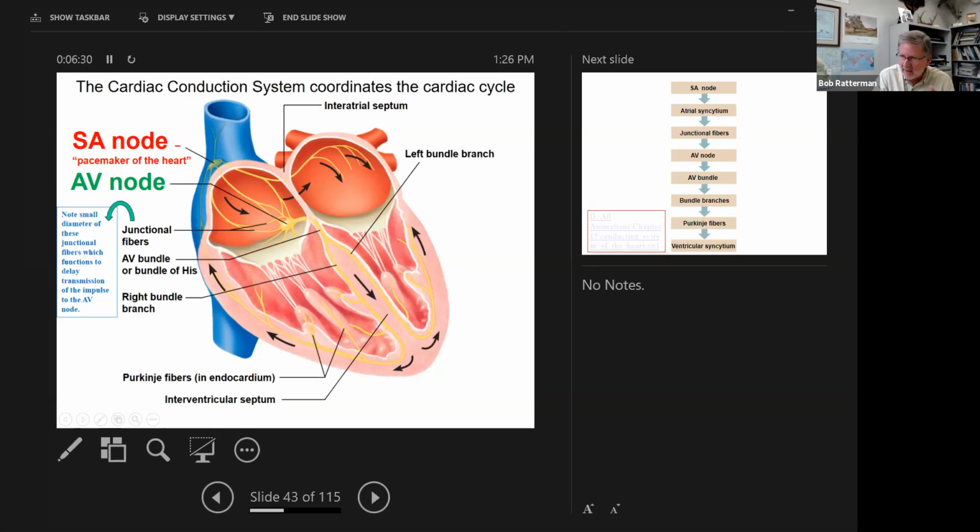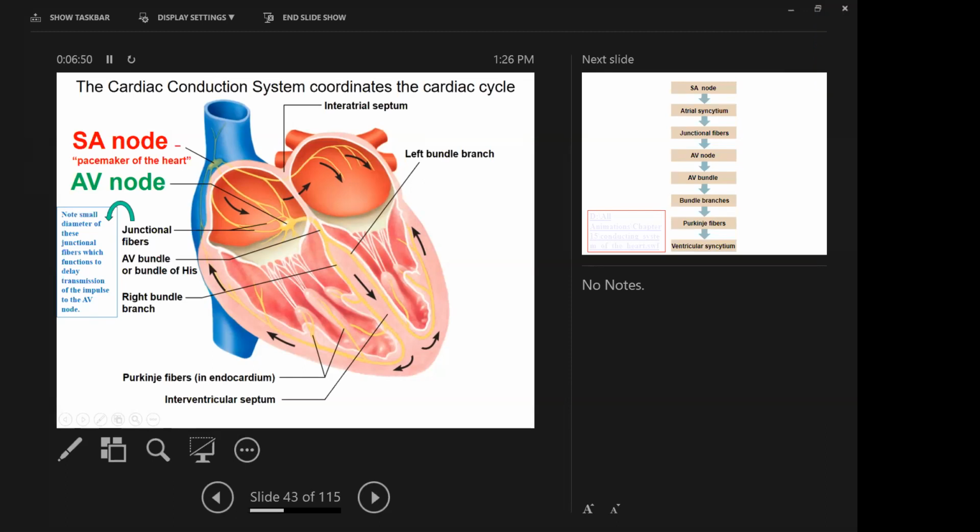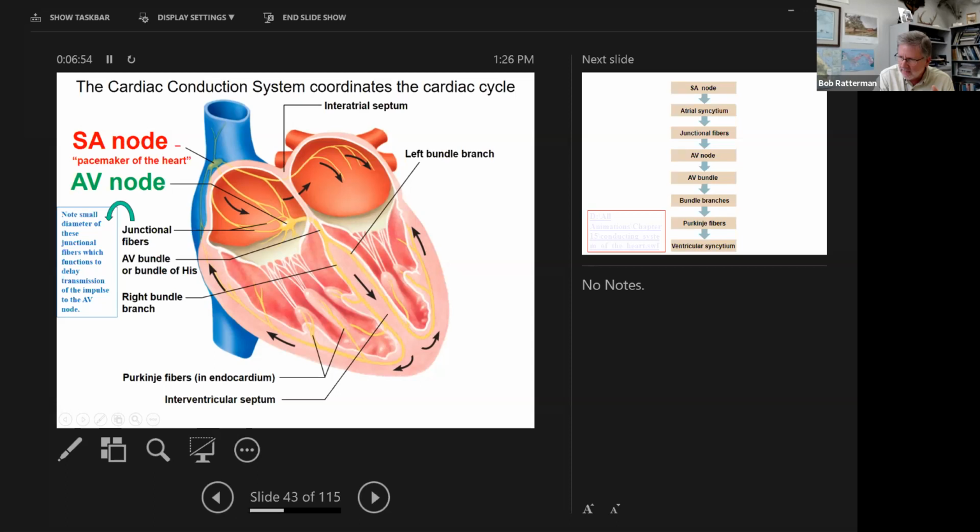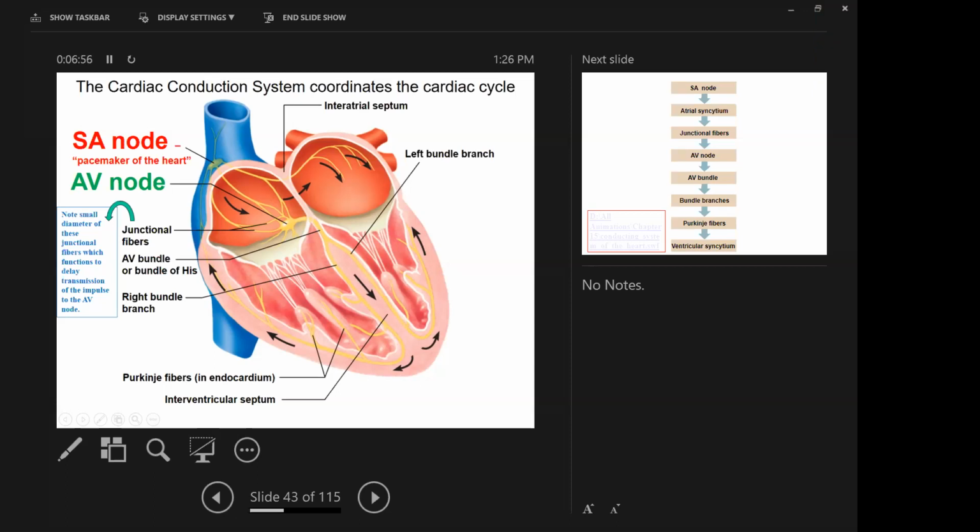Okay, from the AV node, notice there's just a single pathway that the impulses then take down the superior part of the interventricular septum, and then it splits into what's called the right and left bundle branches. The left bundle branch will come down and then travel into the wall of the myocardium of the left ventricle, and even up into the papillary muscles.